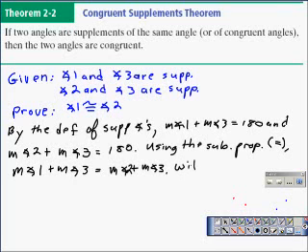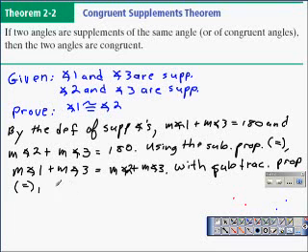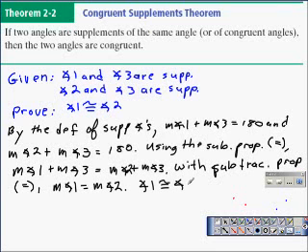So with the subtraction property of equality, we are left with the statement the measure of angle 1 is equal to the measure of angle 2, and then we can say that angle 1 is congruent to angle 2 by the definition of congruence.